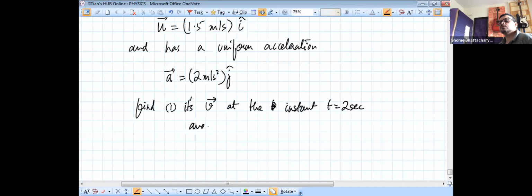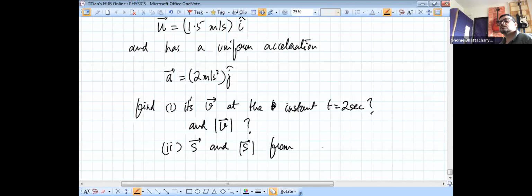Velocity v and magnitude of the velocity. And secondly, the displacement and magnitude of displacement from 0 to 2 seconds. Okay.